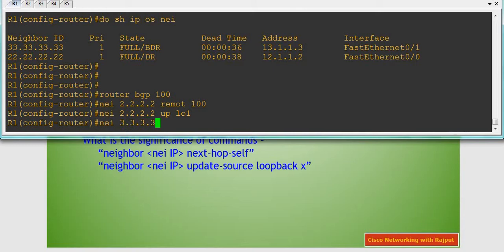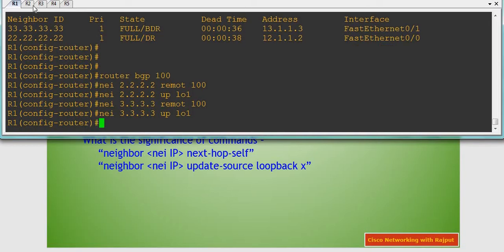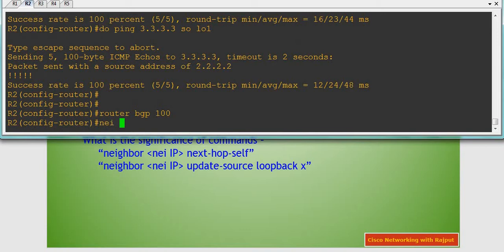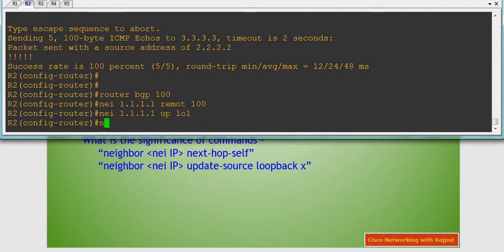Neighbor 2.2.2.2 remote-as 100. Neighbor 3.3.3.3 remote-as 100 and update-source loopback 1.